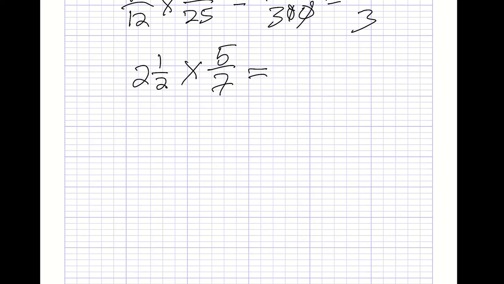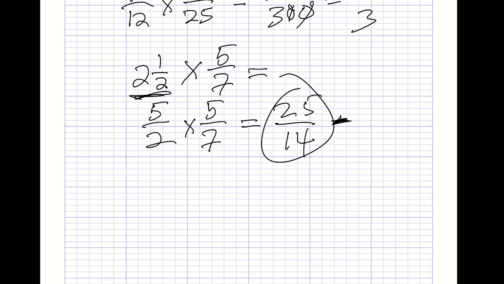What do you need to do? You see this part? You just rewrite it. 2 times 2 is 4, 4 plus 1 is 5. That fraction can be written like that, 5 over 2. Then it's times 5 over 7. You do that, you get 25 over 14. That's the answer right there, because you can't reduce it anymore.